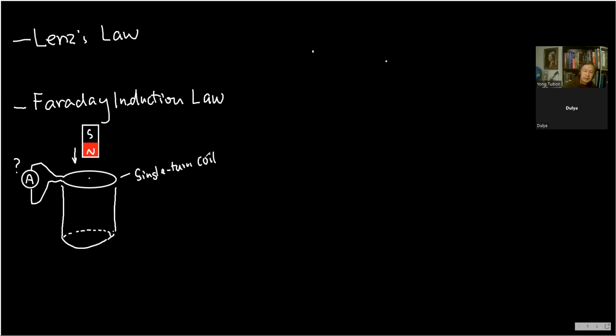What would happen? That is exactly what Lenz's law will tell you. According to Faraday's law, what would happen? It would generate electricity. That's right. We can put a resistor here, R. So let me redraw this part.